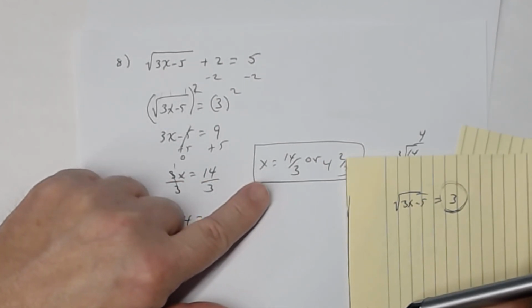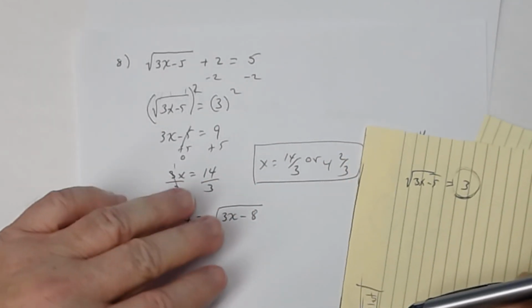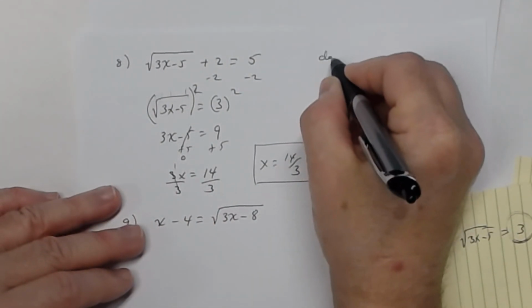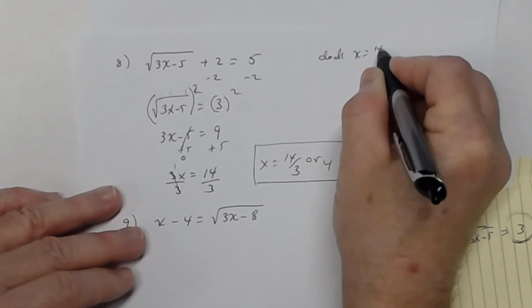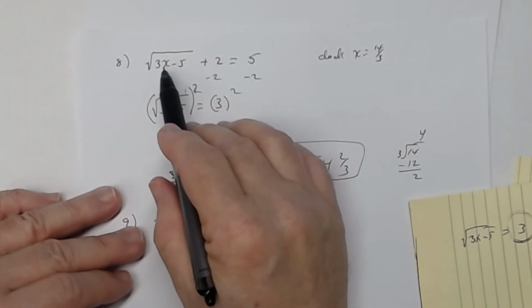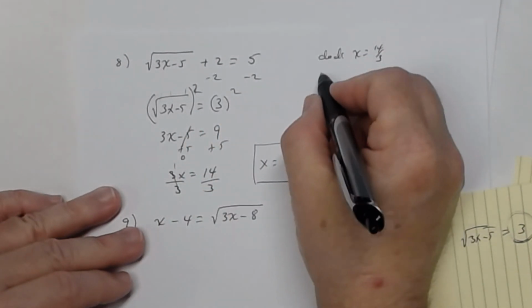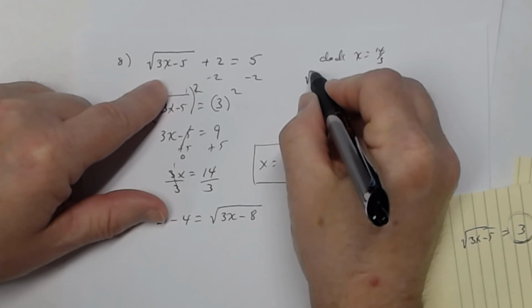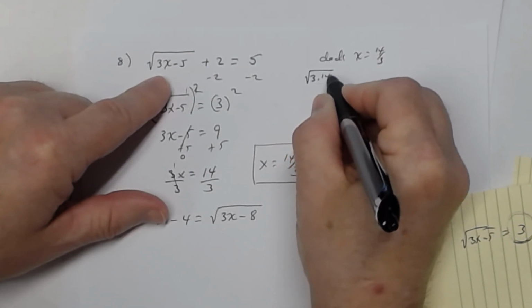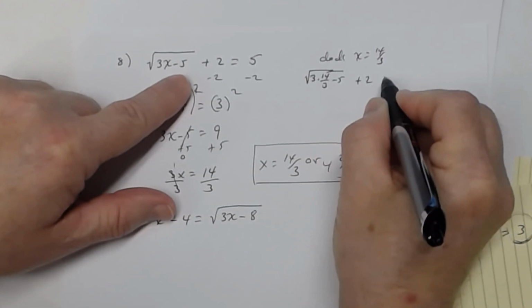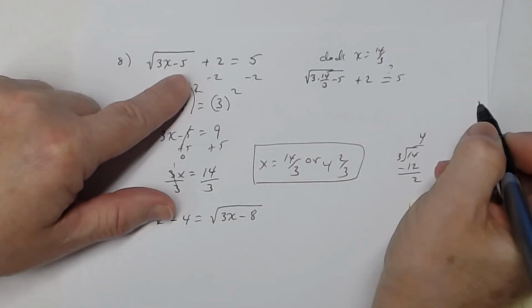All right, now some students will go back and check it still. So to check, this is what you had to do. Let's just check x equals 14 thirds. You have to go back to the original, which is this, and where we see the variable x, you substitute 14 thirds. So I get the square root of 3 times 14 thirds minus 5, plus 2, and I want to see if that's going to equal 5.